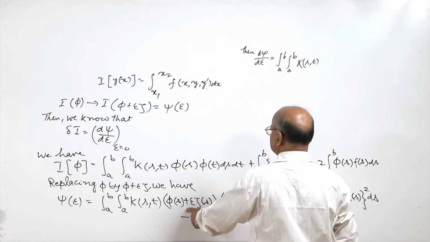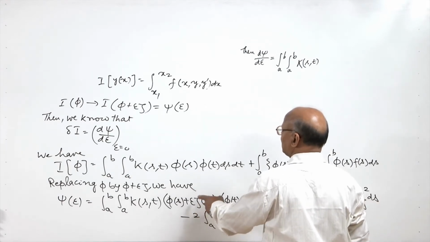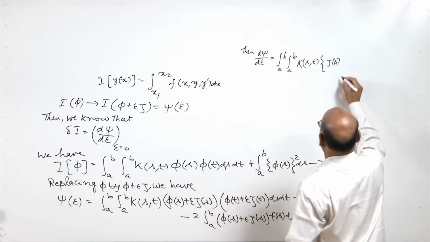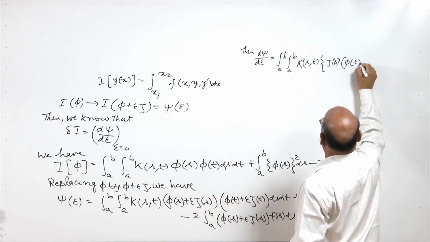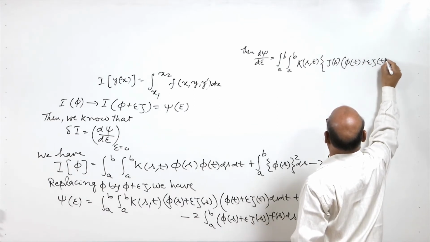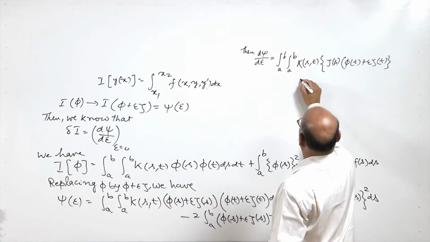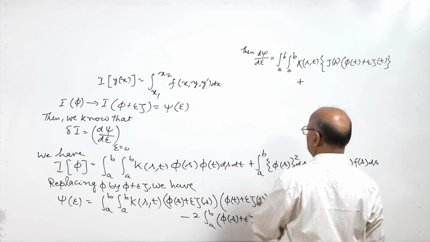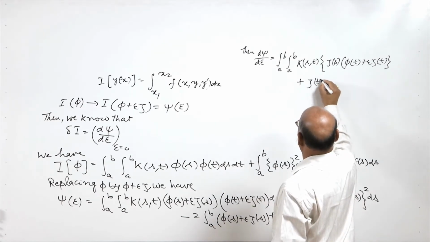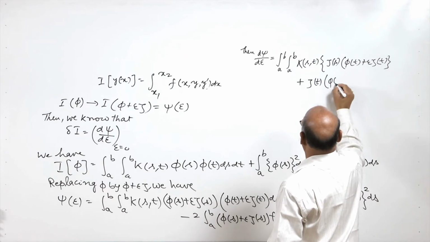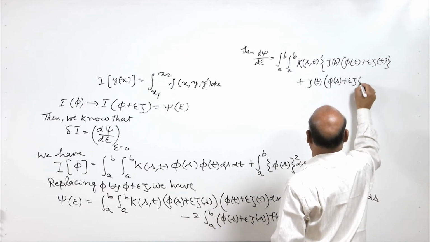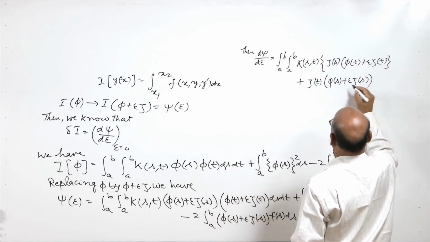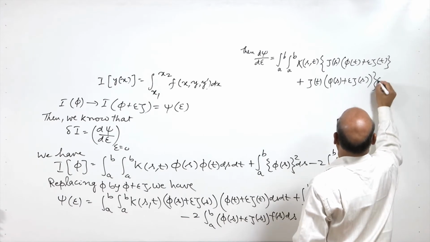First we differentiate the first factor with respect to epsilon, we get zeta(s) into phi(t) plus epsilon zeta(t) plus, now we differentiate the second function with respect to epsilon, zeta(t) into phi(s) plus epsilon zeta(s), ds dt.